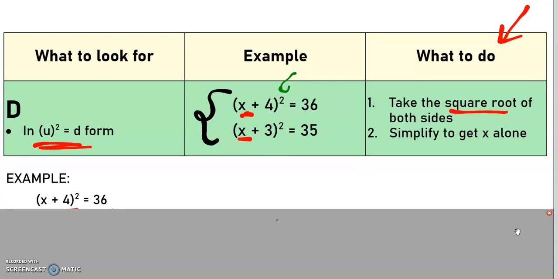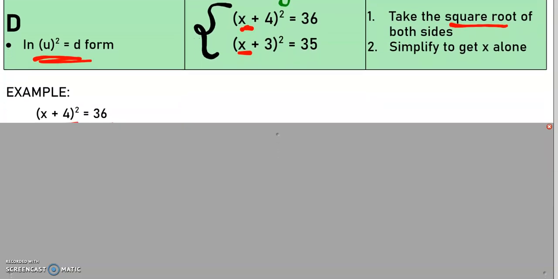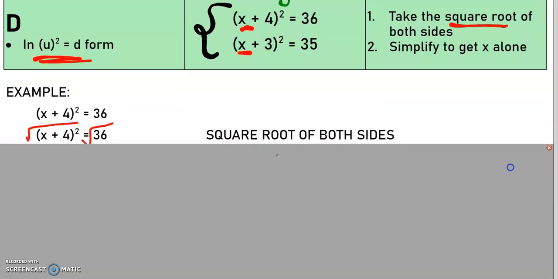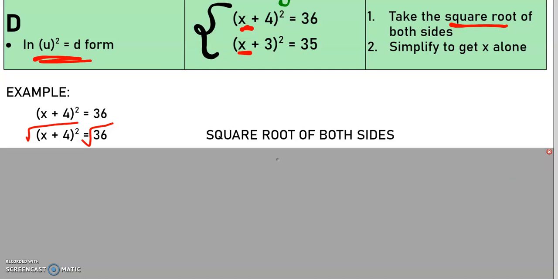It says x plus 4 quantity squared equals 36. First thing I have to do, what we just talked about, take the square root of both sides. So that looks like that, okay? Big square root over x plus 4 squared and big square root over 36. I can simplify that. So what my left-hand side looks like is x plus 4. I'm going to write it over here.